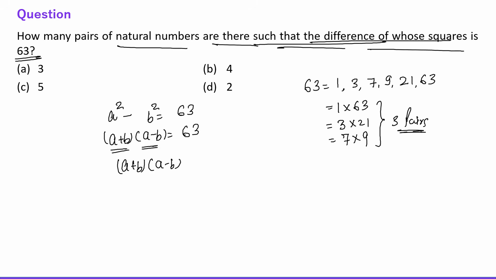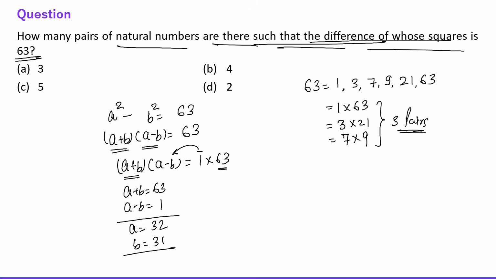But if we need to find the numbers, I'm just finding those numbers. If this is 1 and 63, then obviously the greater number will be A plus B and the smaller number will be A minus B. So A plus B is equal to 63 and A minus B is equal to 1. Solving these two equations, we get A is equal to 32 and B is equal to 31.